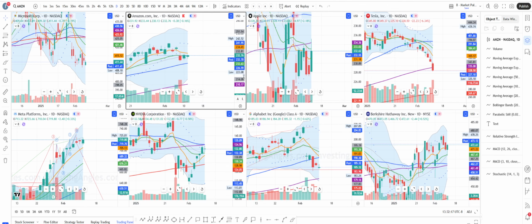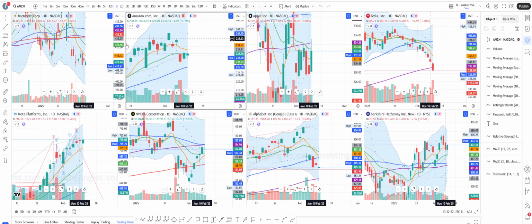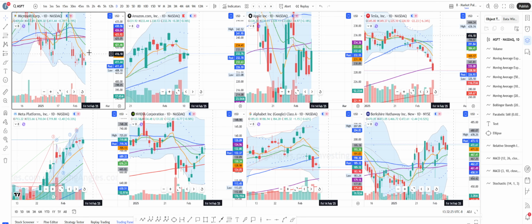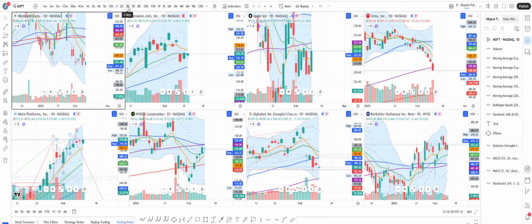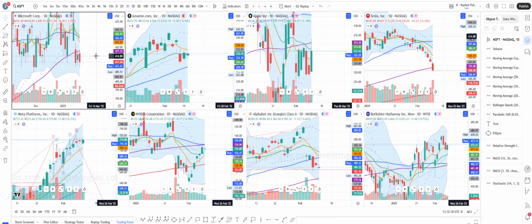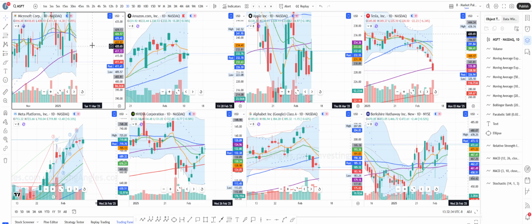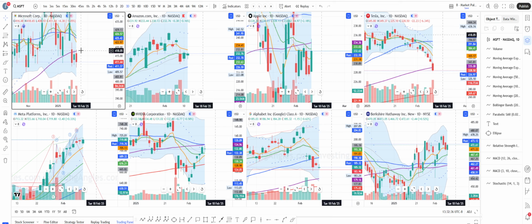Speaking about Amazon, it is kind of neutral, and Microsoft is also neutral, so it needs a confirmation. If you look at the 3-day candle for Microsoft, for example, this is clearly bearish, with good chances to see lower prices by the end of this week.